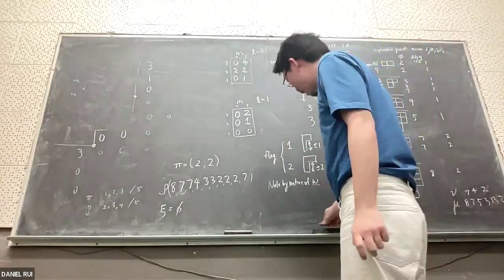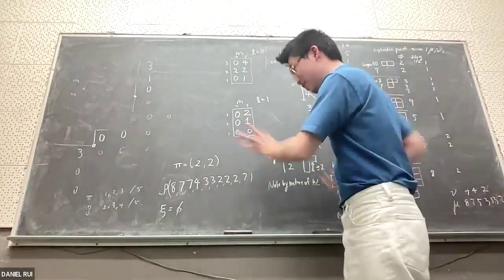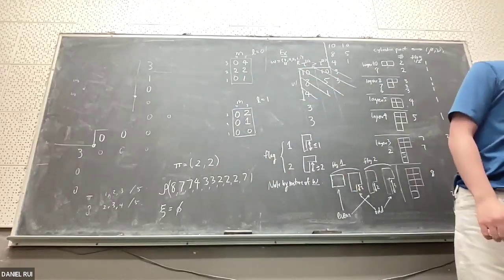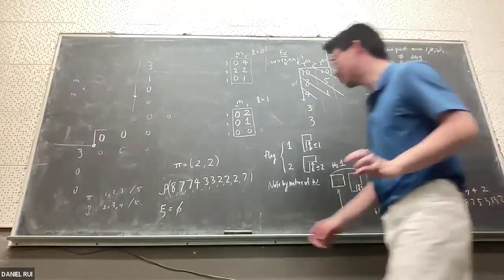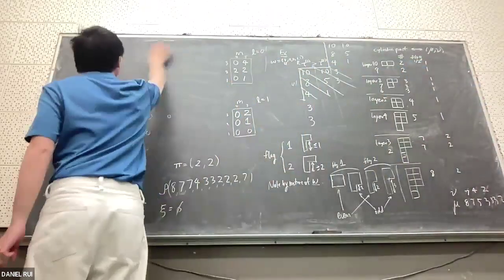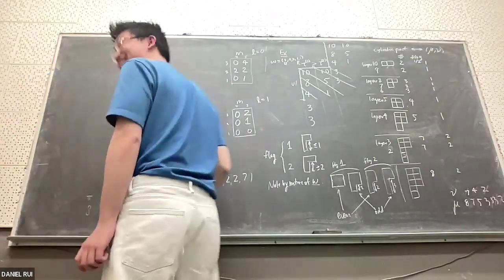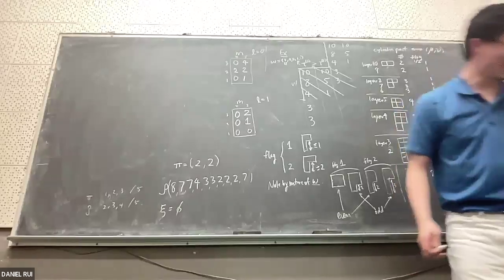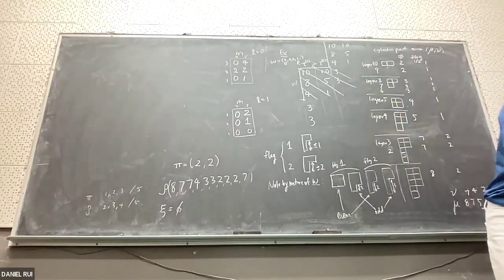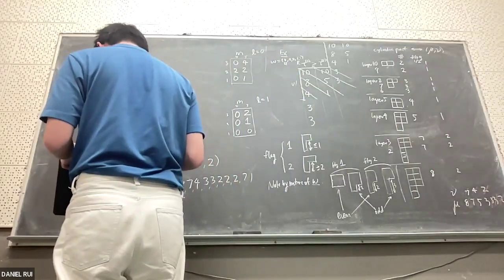But from an algorithmic standpoint, this is just a bijection. Okay, so let's close off with one last example. We do the whole process again with another partition. Okay. Let's see.